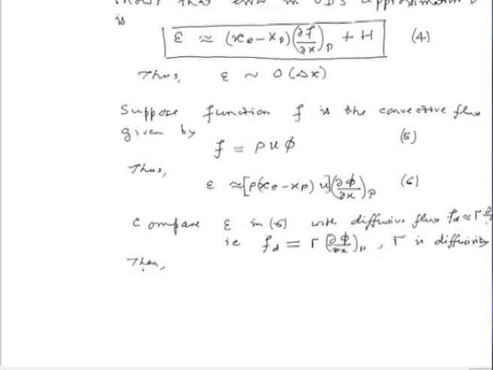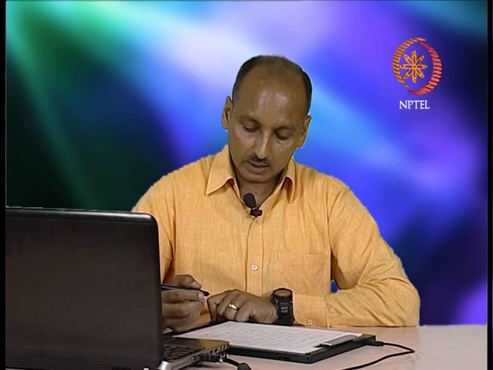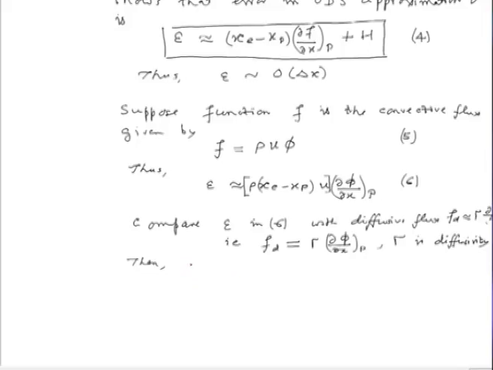That epsilon essentially represents a sort of numerical flux or numerical diffusion with numerical diffusivity.